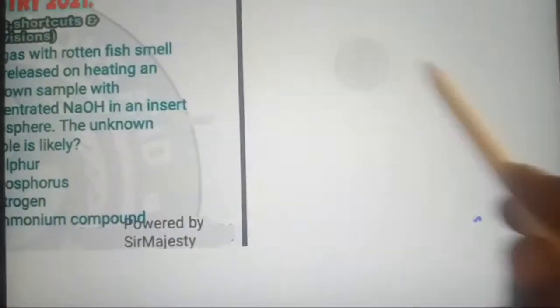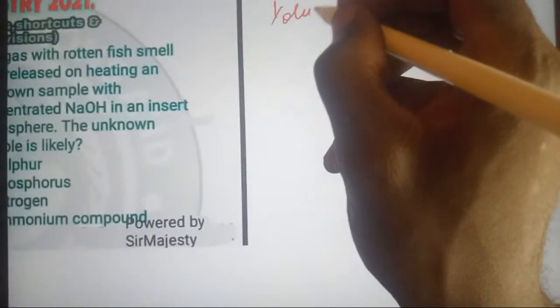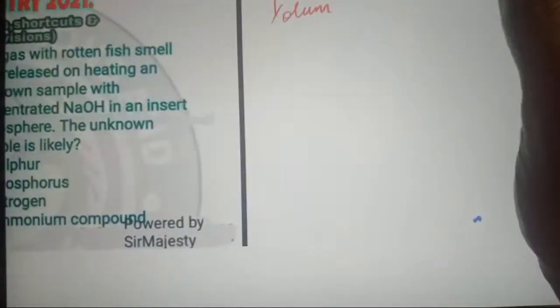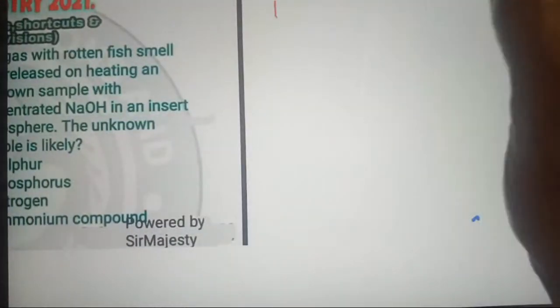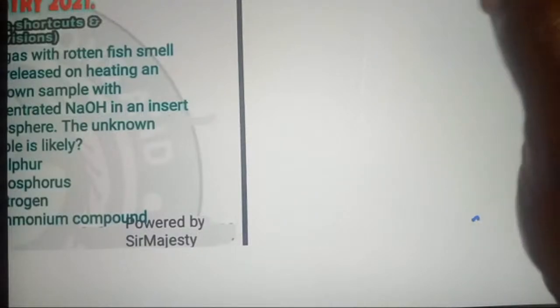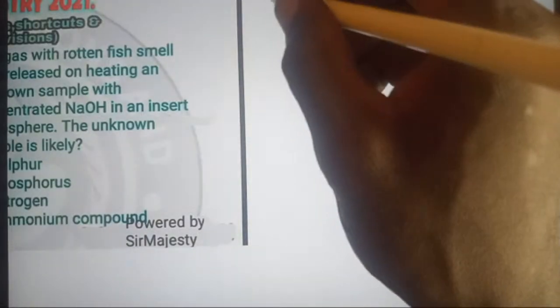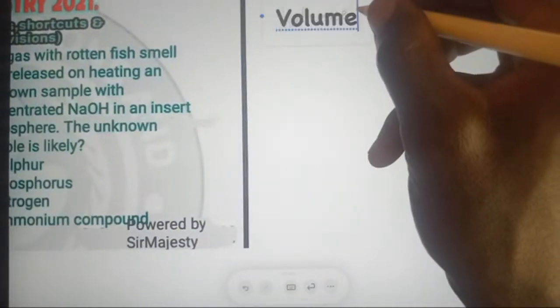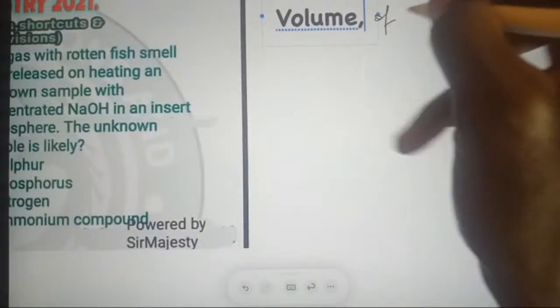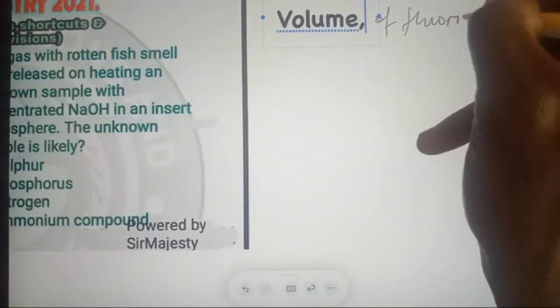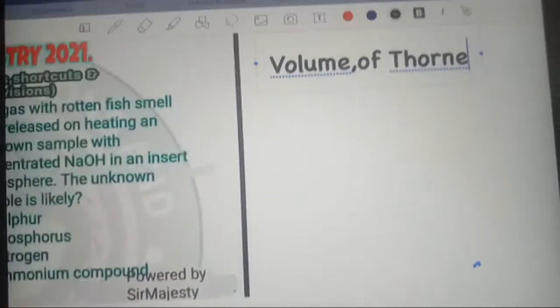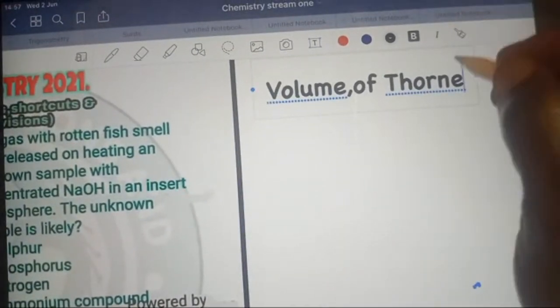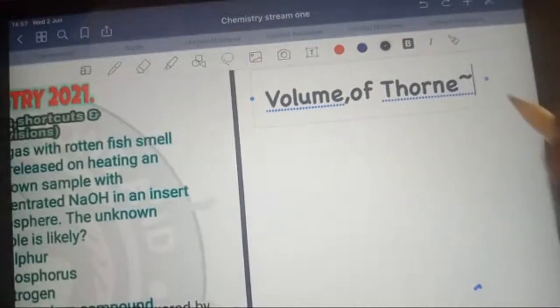Let's clean up this. The volume given was, so we have that volume of fluorine. Don't mind, this is not thorium, we are talking about fluorine, please.